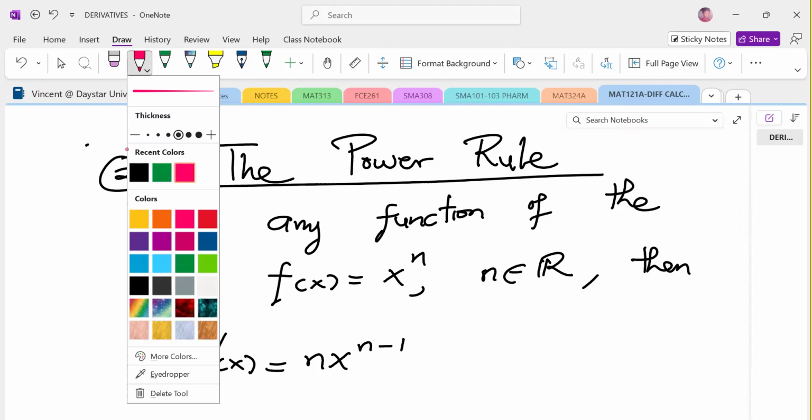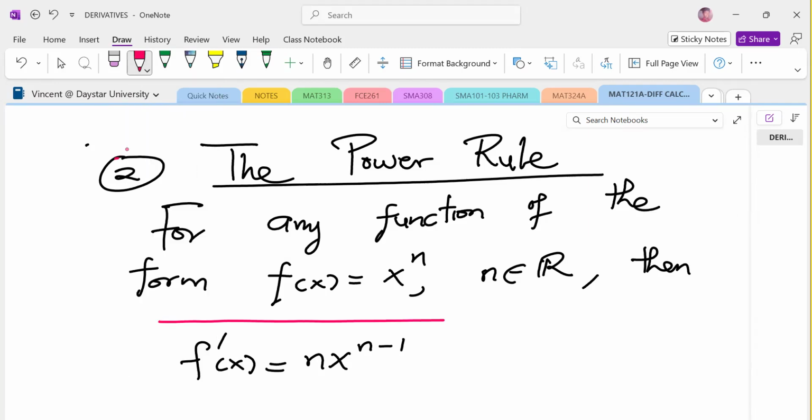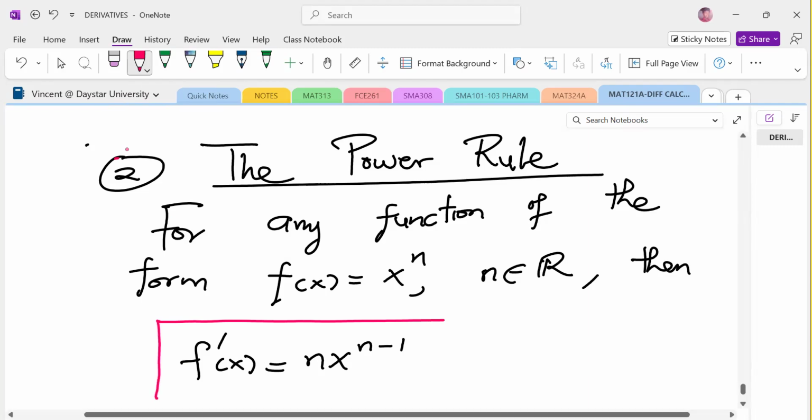This is a very famous rule that you did in high school: for the derivative of a function x to the power n, you simply drop the n, then you reduce 1 from the power.